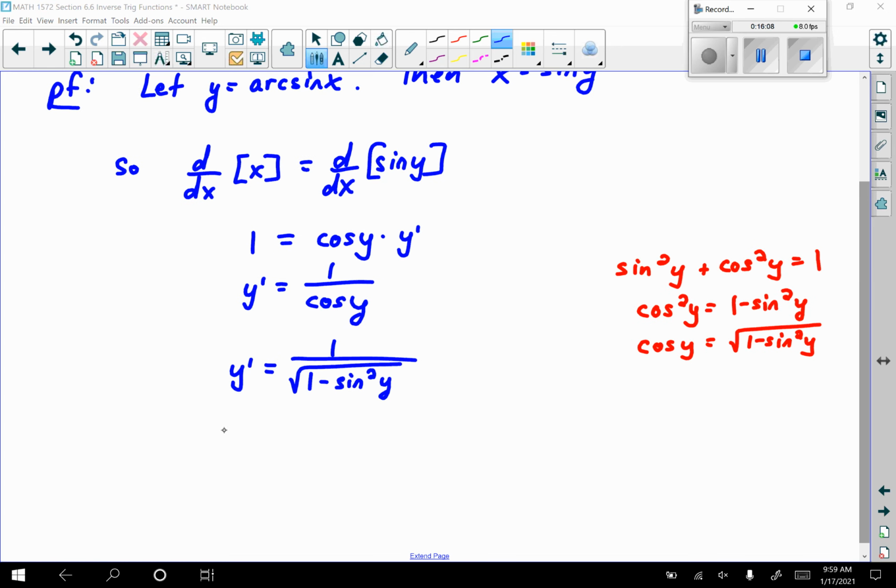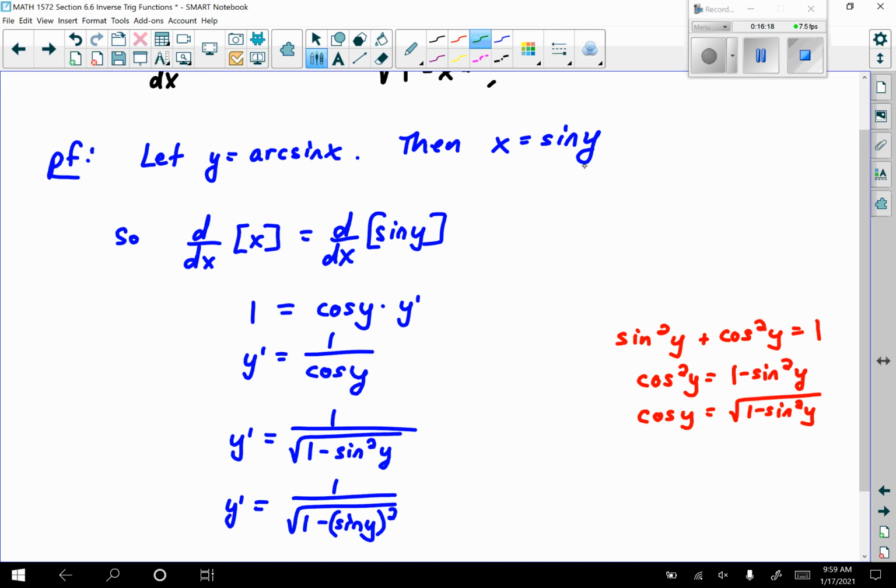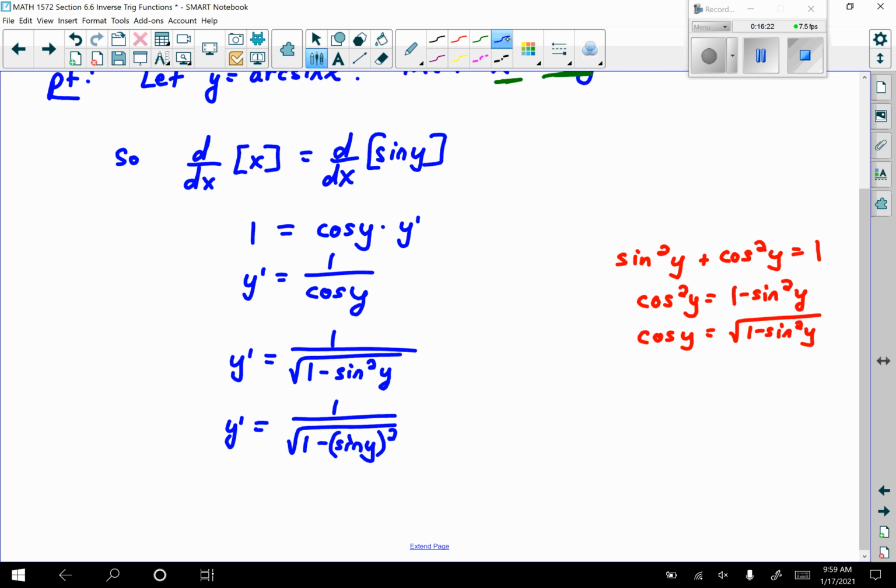And then we could rewrite this as y prime is equal to 1 over square root of 1 minus sine y squared. If we go all the way back up to the beginning here, sine y is equal to x, and that's what we want. We want to get this in terms of x. So now y prime is going to equal 1 over square root of 1 minus x squared. And there's our derivative.